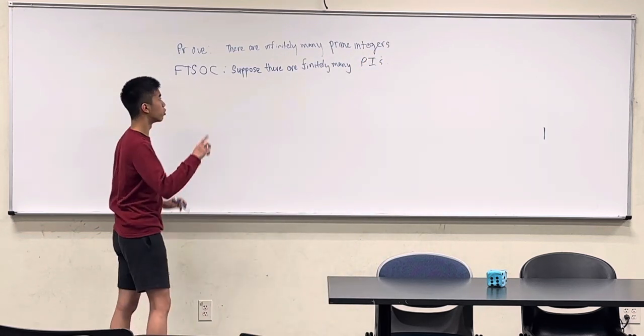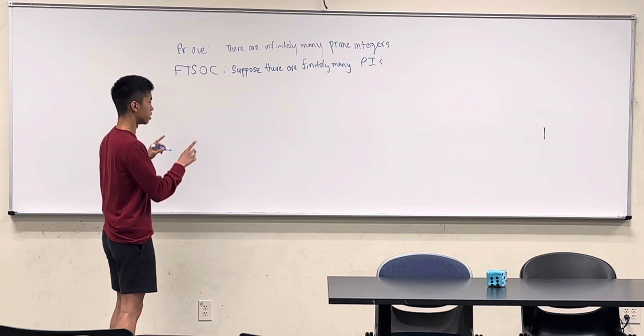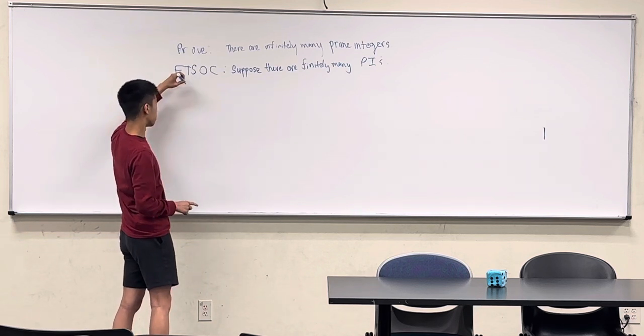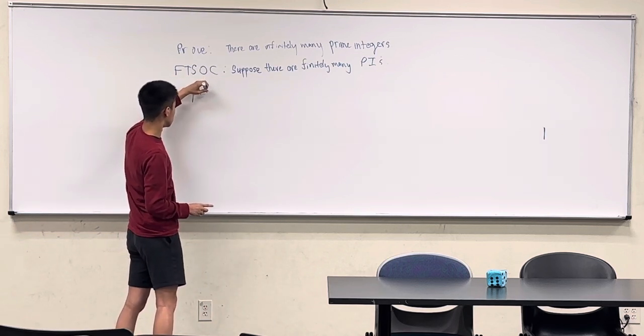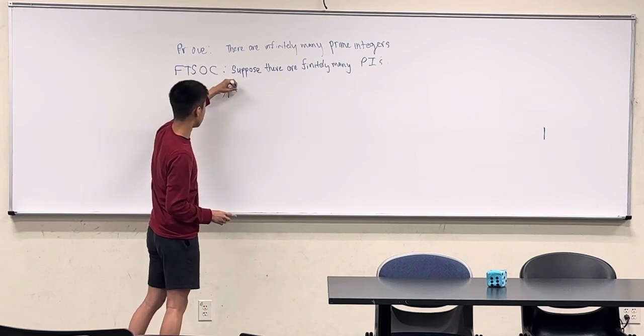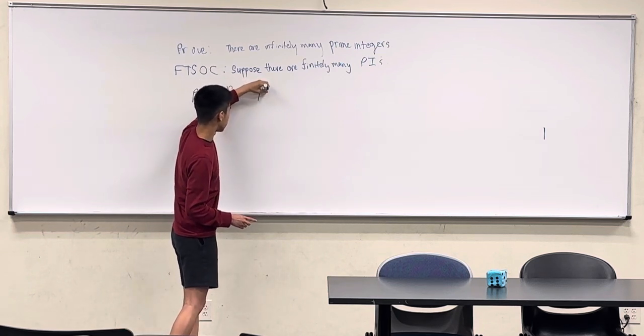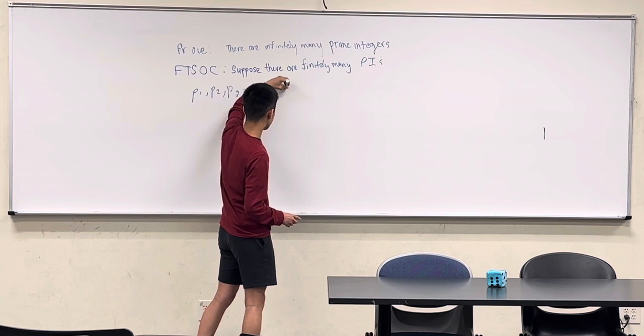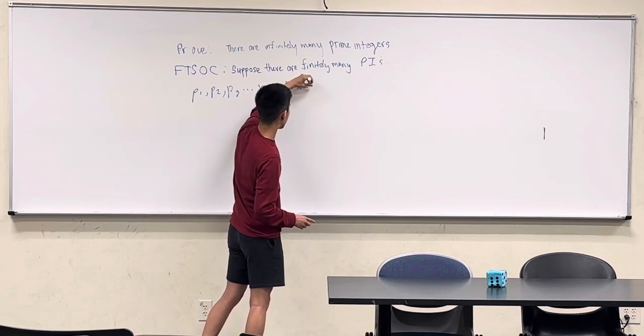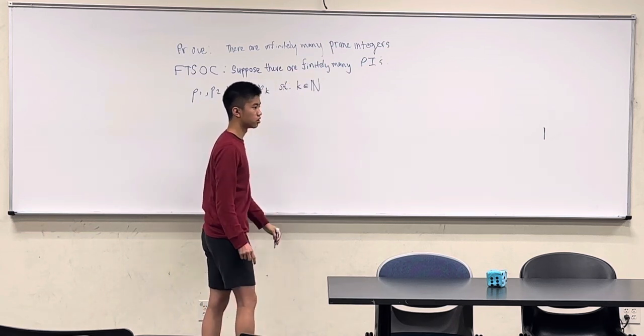Then that means that you can denote the prime integers as the following. You could say p1, p2, p3, all the way to pk, such that k is part of the natural numbers.